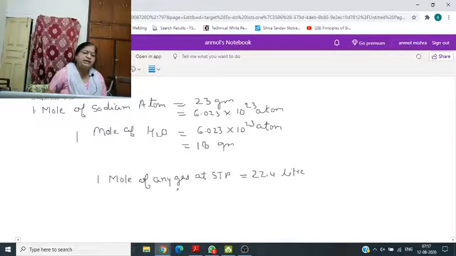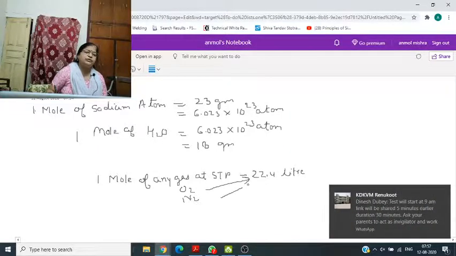So again I am saying any gas means if it is oxygen, it is same. If it is nitrogen, again it will contain 22.4 liters of the gas at STP.